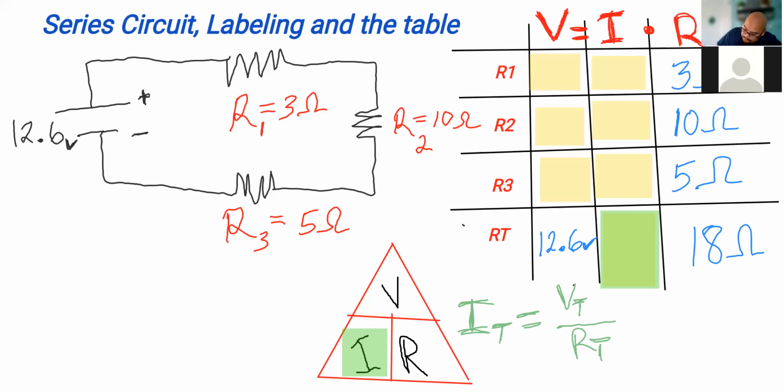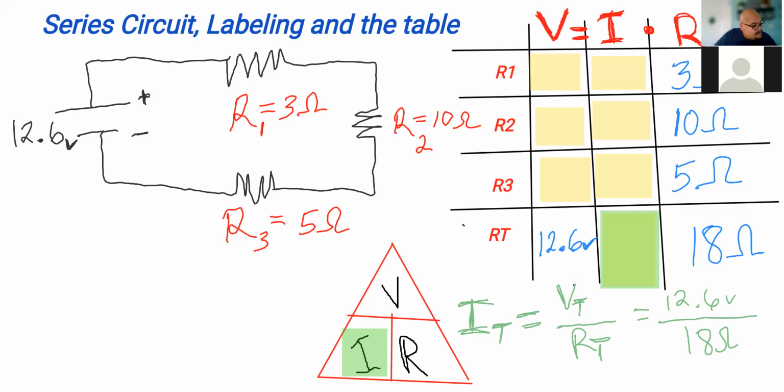Voltage total is 12.6 volts. That's our voltage total. And we have total resistance, which is 18 ohms. That's the information that I'm getting from the table.